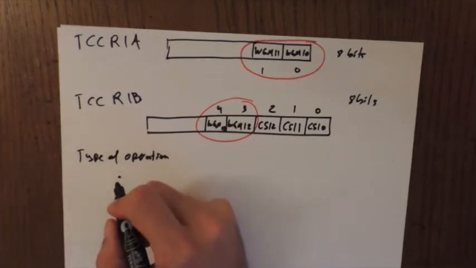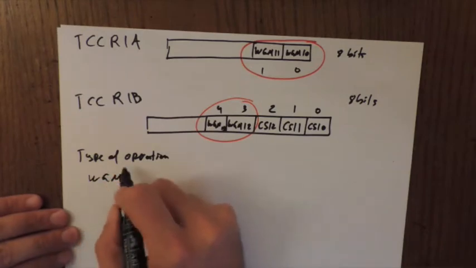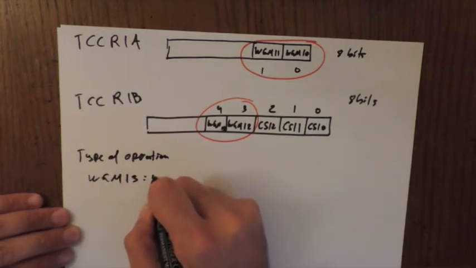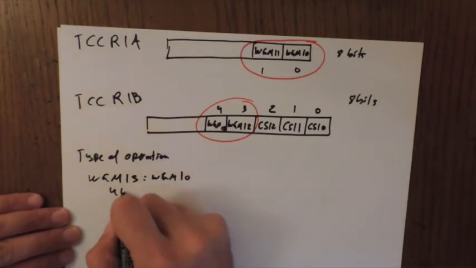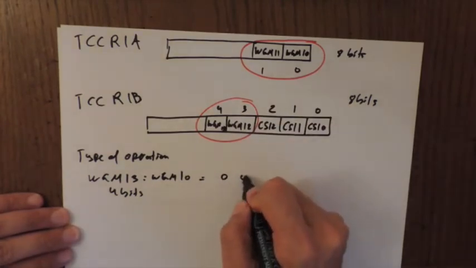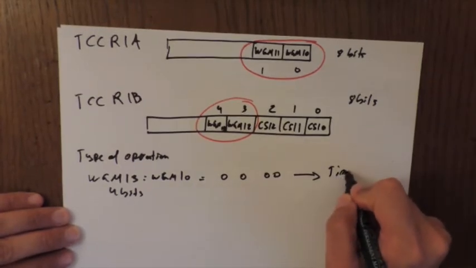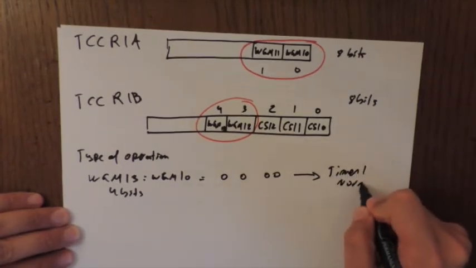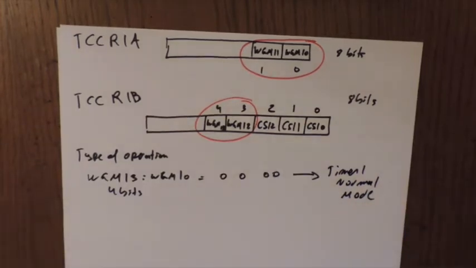So setting WGM13 to WGM10, these 4 bits that I circled in red, if we set them as 0000, then we are in the timer 1 normal mode. Of course, there are many modes that I can discuss, but I will not go through them in this lecture.